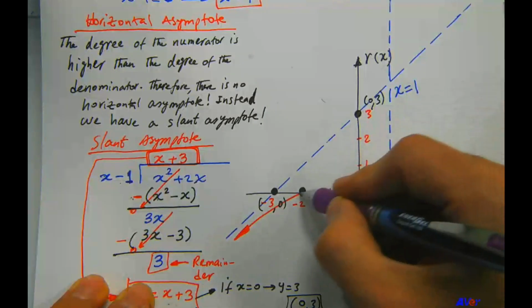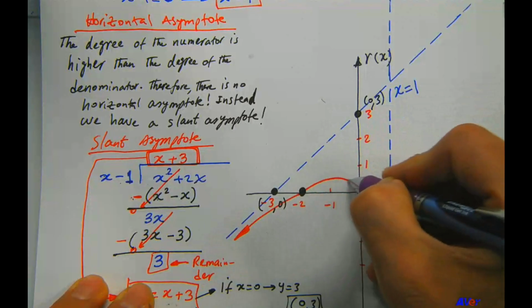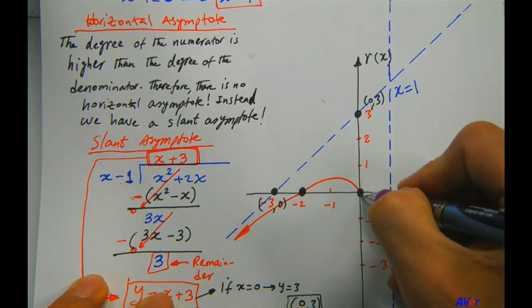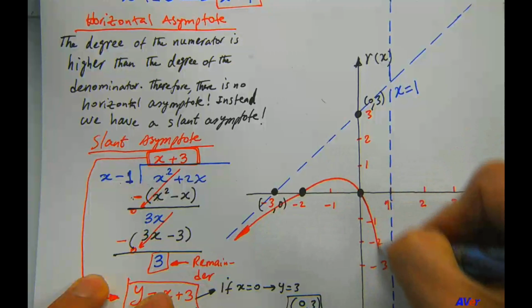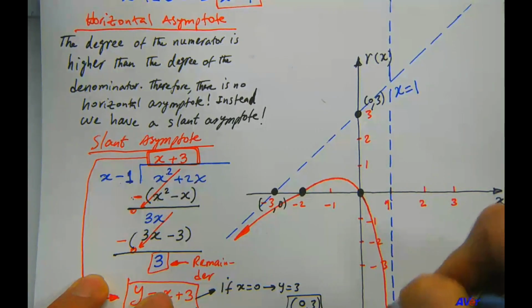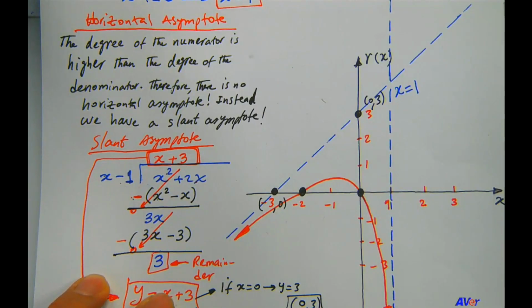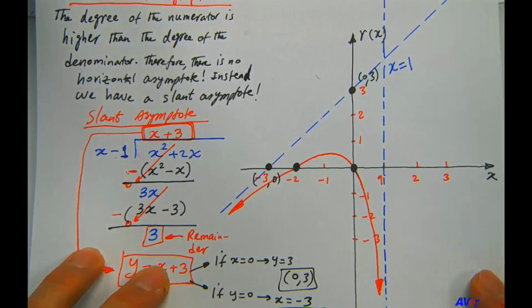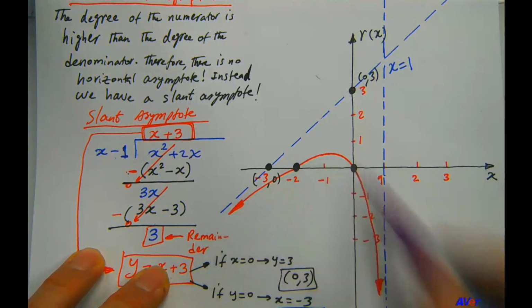Then this line is going to come and do this, go through that intercept, and then come back and do that. Okay, let me move this up a little bit. So that's as best as I can draw it, like that. So that's one of the pieces.